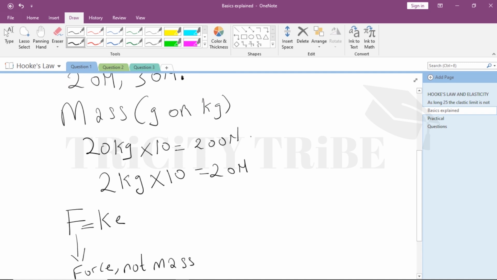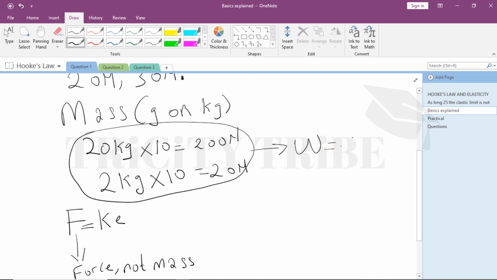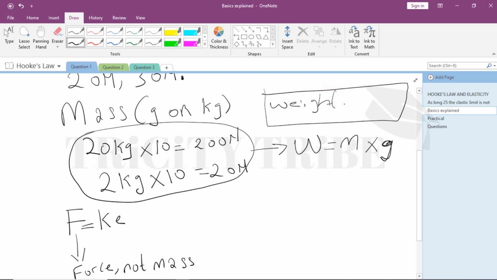It is because the formula for weight is mass times G. Your weight is tension.